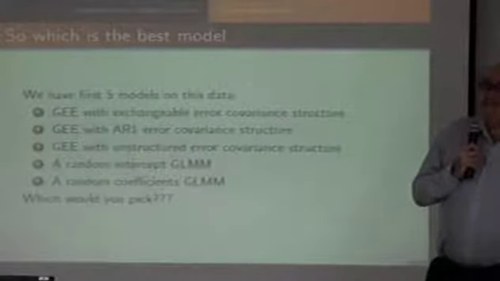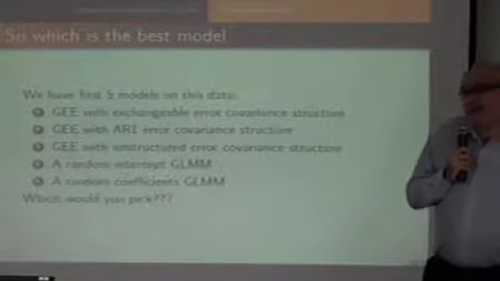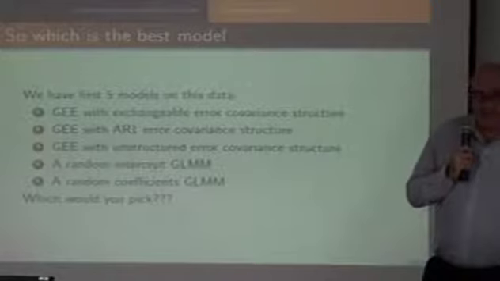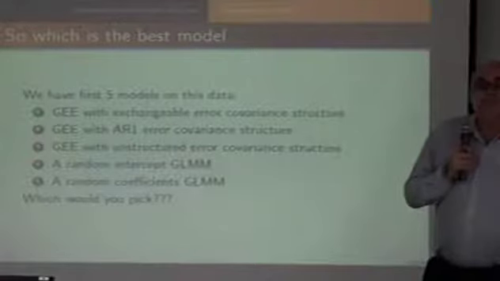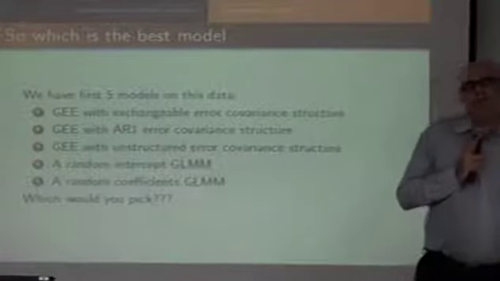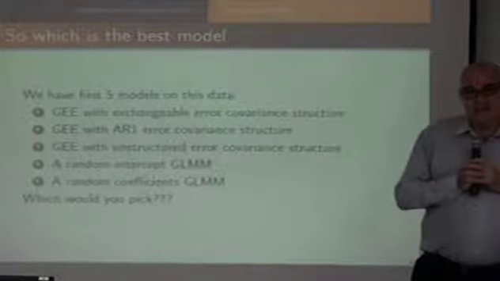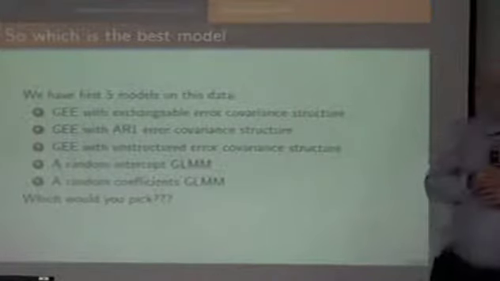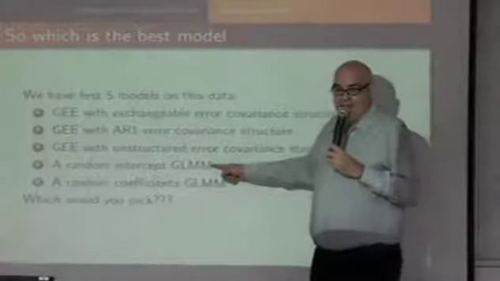The important thing is they gave all around the same conclusion, that the treatment effect was significant and nothing else was. That's important to know. But which model would you pick? Let's ask the question, do you prefer marginal models or do you prefer mixed models is the first question. And then which of those would you pick? For me, this one.